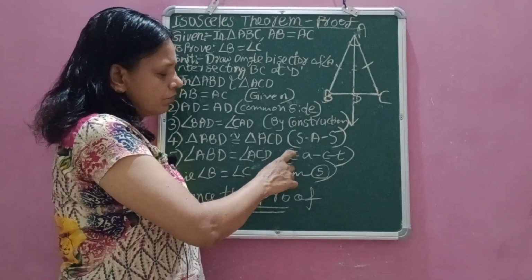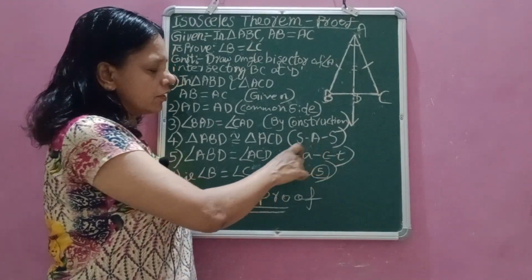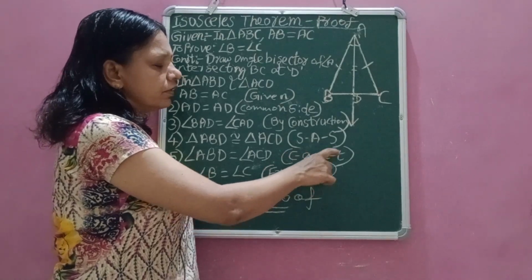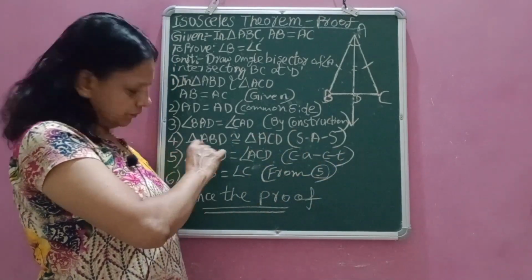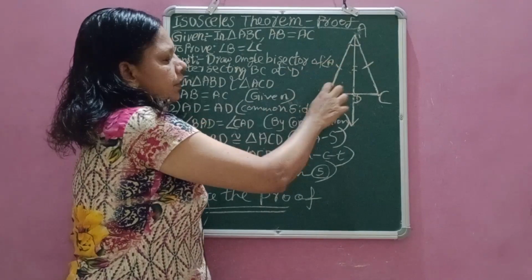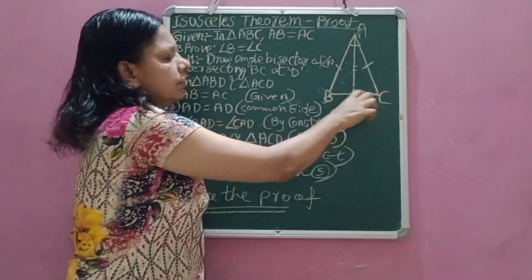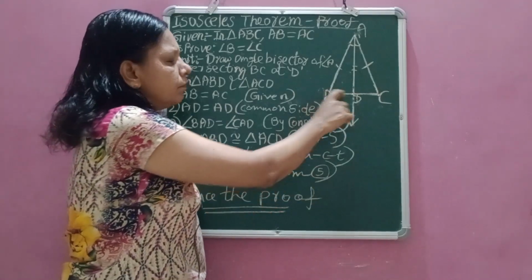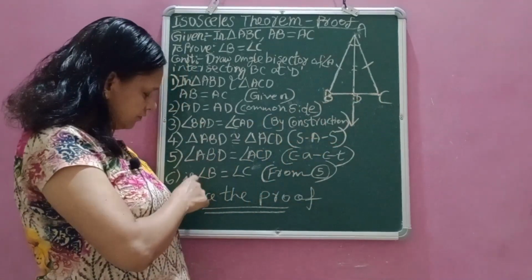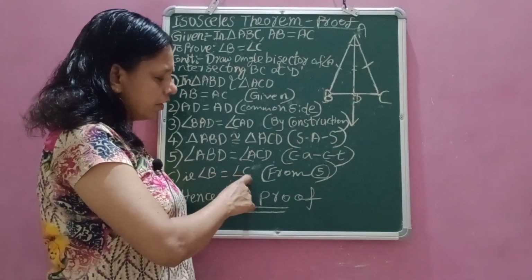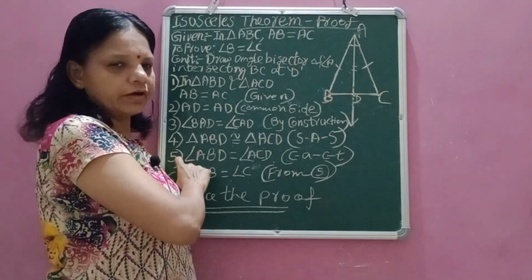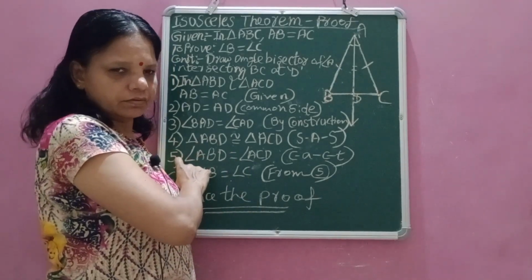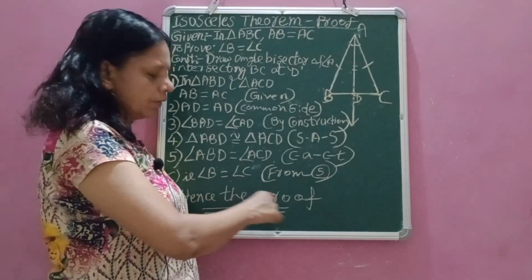What is the short form? CACT, corresponding angles of congruent triangles. So we got angle ABD congruent to angle ACD. With respect to the triangle ABC, they are nothing but angle B and angle C. That is, angle B congruent to angle C. Clear? Hence the proof.